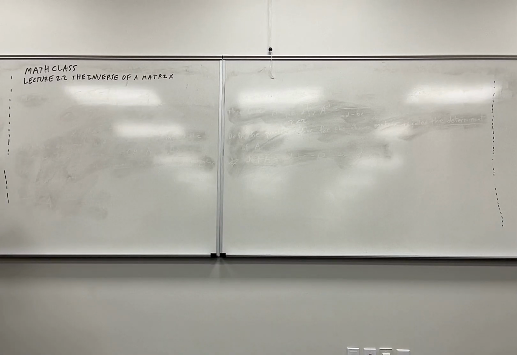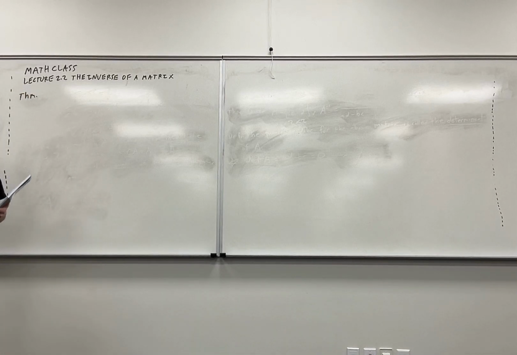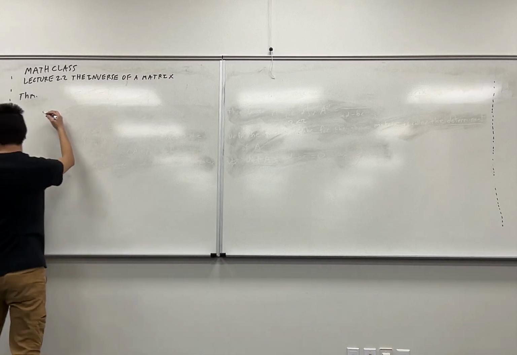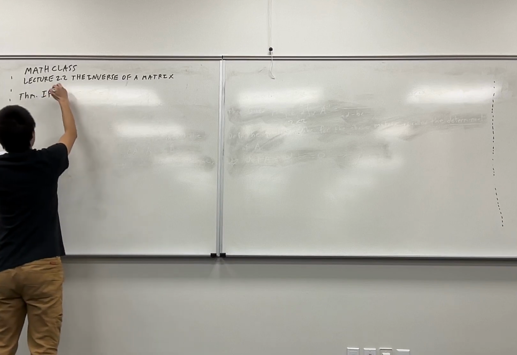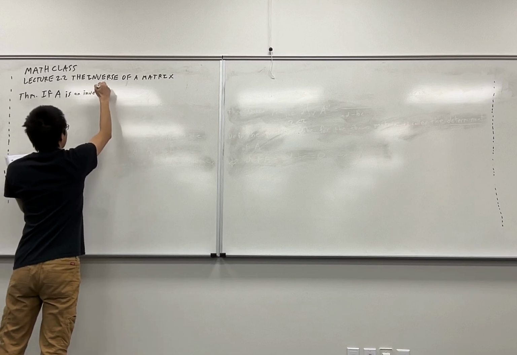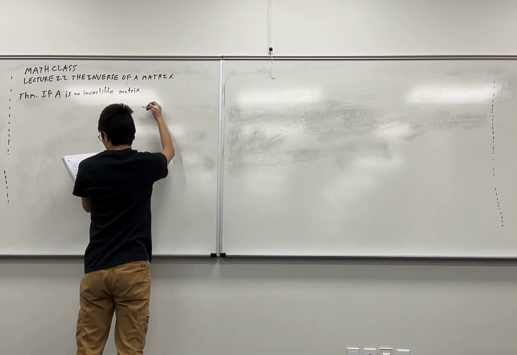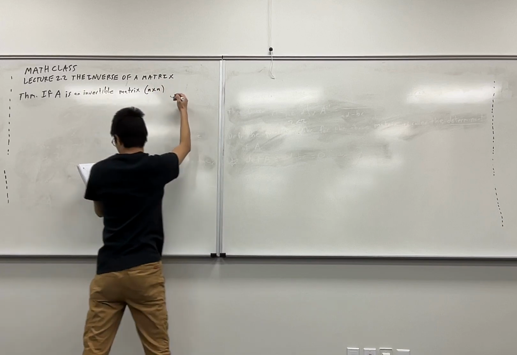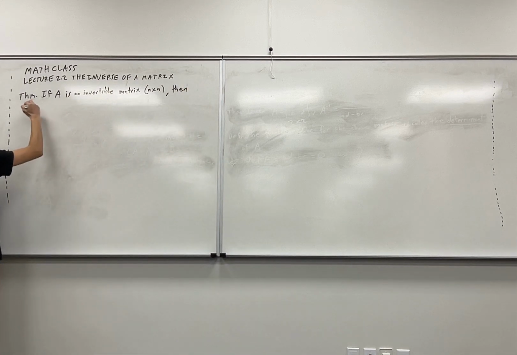So let's now build toward what I'm going to do. Oh, actually, this theorem that I'm going to write down is how I was able to answer Samuel's question. So this could actually be really useful. I literally just cited this in my brain a second ago. Okay, if A is an invertible matrix, I'll put its size here, so it's m by n, then do we remember what the upside down capital A is in English?